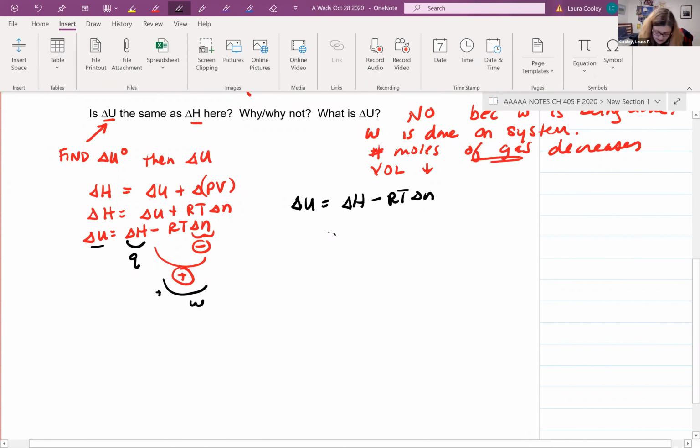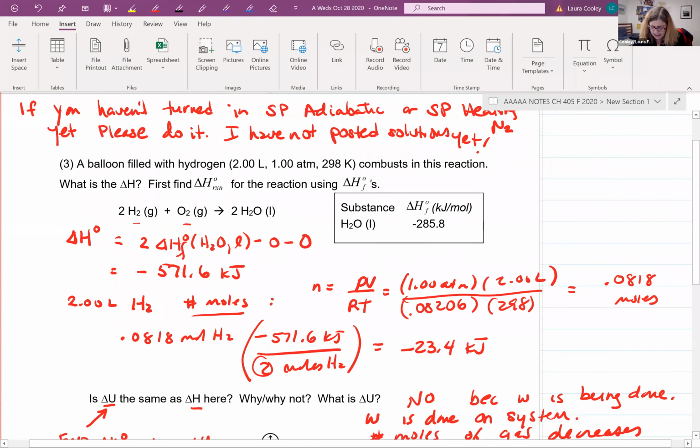All right, so I'm going to do this with the delta H0. That's negative 571.6. And then this minus RT delta N. Okay, so now this is delta N for the equation as written, right?